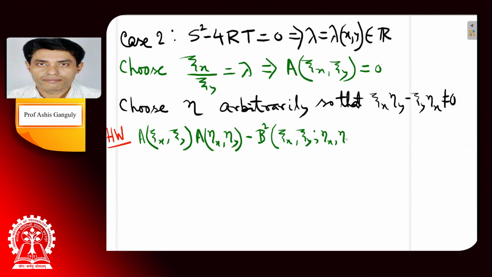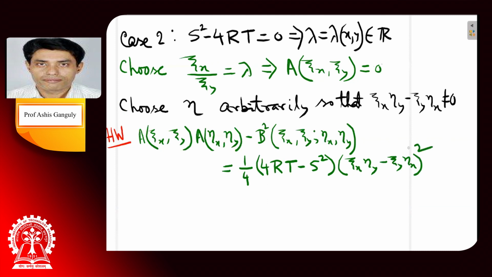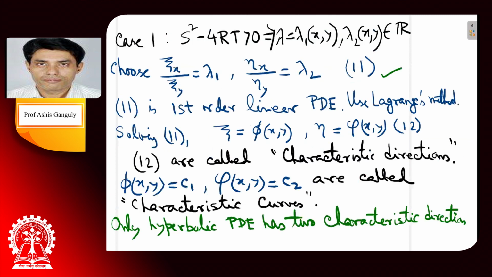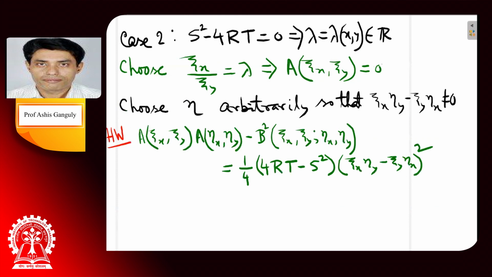This is equal to 1 by 4 times 4rt minus s square into (xi_x eta_y minus xi_y eta_x) whole square. So let me go to the previous page to see what number we reached. 11. Okay, so let me label it as 12. It can be easily proved if you substitute in the left side the definitions of functions A and B.